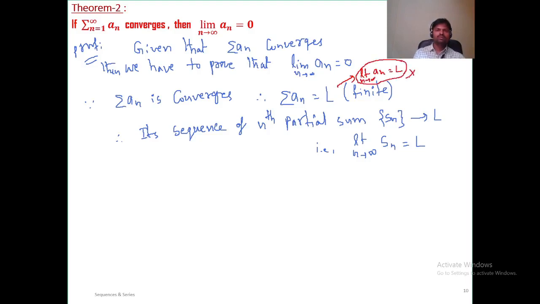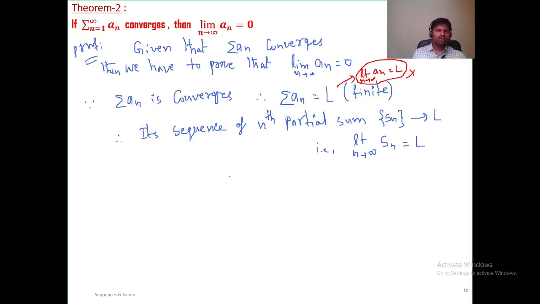If series converges to L, then its sequence of nth partial sum converges to L. That means limit n tends to infinity, Sn will be L. Okay, so Sn is a sequence, so therefore it converges to some number L. So it is a converging sequence now, right?